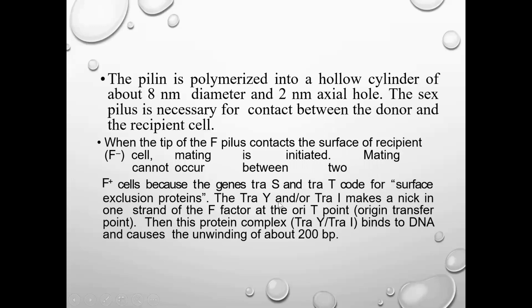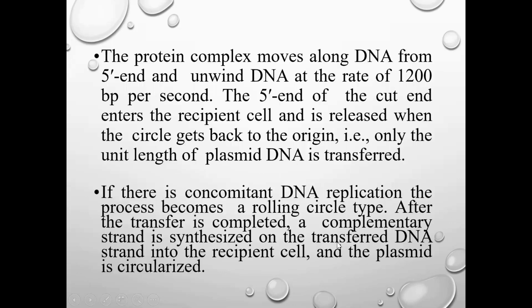TraY and TraI make the nick in one strand of the F factor at the origin of transfer, and from there transfer of this F plasmid starts. This protein complex with TraY and TraI binds to the DNA and causes the unwinding of the DNA.